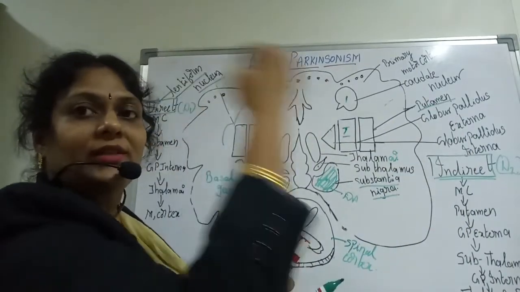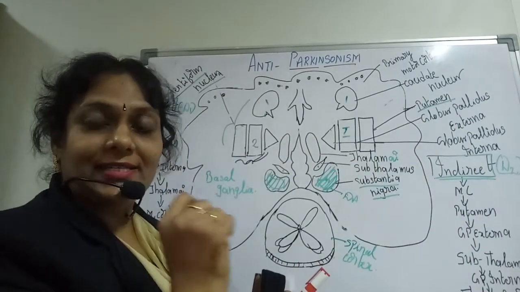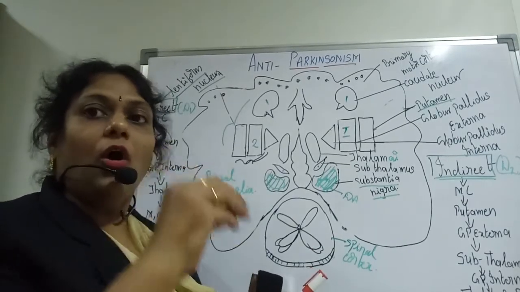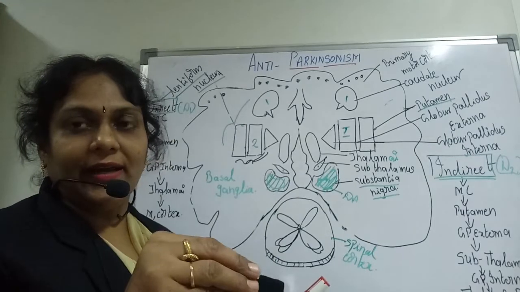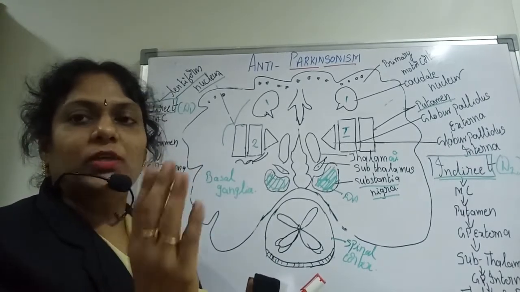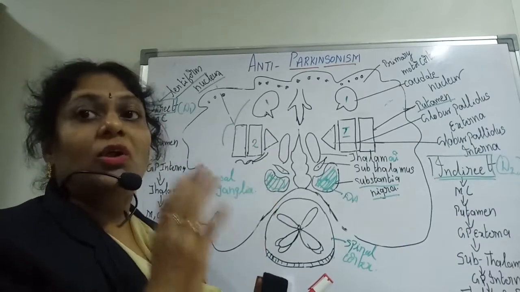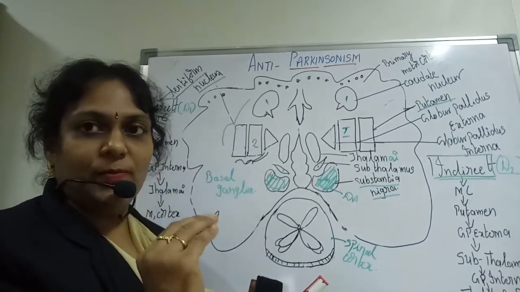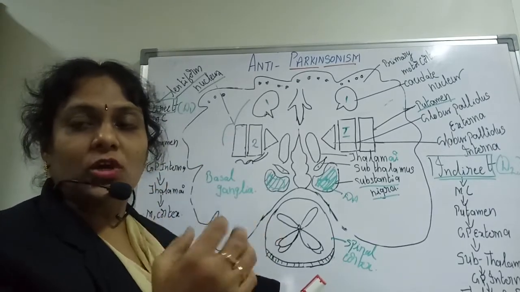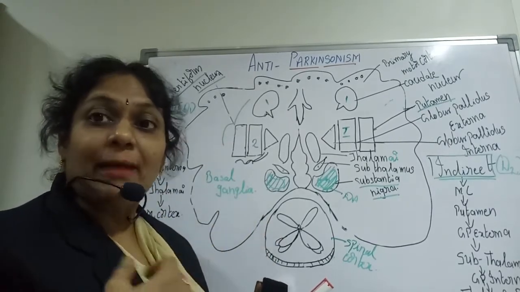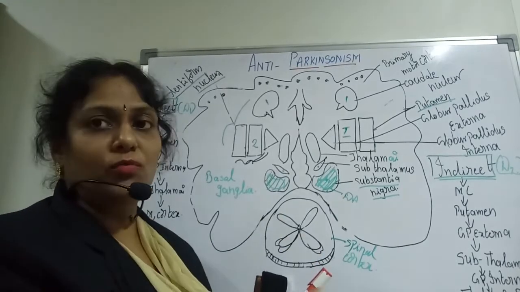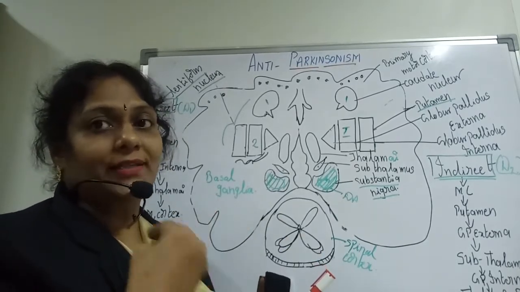So whenever you are doing these rapid functions, you can understand that the dopamine is doing its transportation onto the direct pathway and indirect pathway. That means one pathway is supported with the dopamine onto it. So dopamine is a neurotransmitter which is helping glutamate and GABAergic neurons in order to produce the rapidity of the movements, the speed of the movements, the uniformity of the movements. So this can be done by the dopamine.